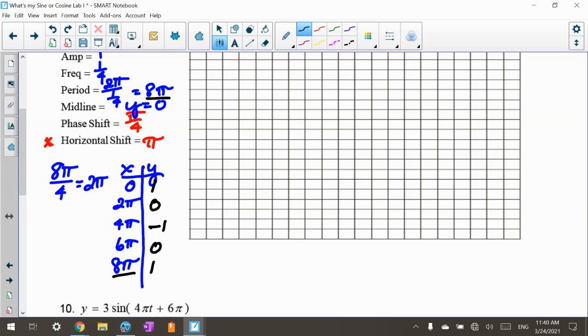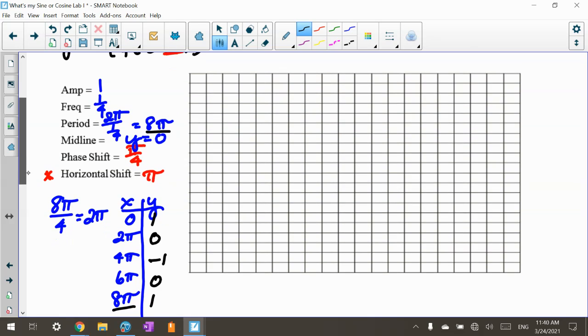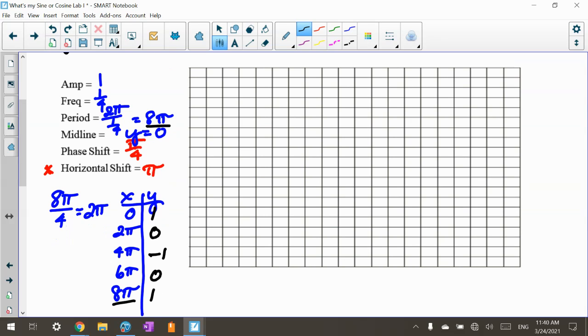Now, the only thing that's weird about this is I have to shift this one to the right. So normally I only count to 8 pi, but in this case I'm going to count to 9 pi because I have to go to the right. So y equals 0 is still our midline, so there it is. And I'm actually going to put this right on the edge here. Okay, a little wiggly.